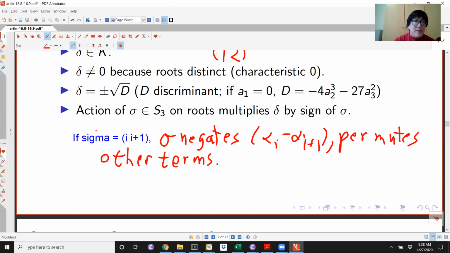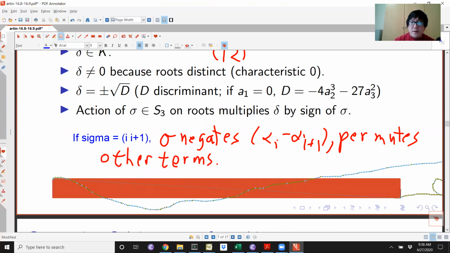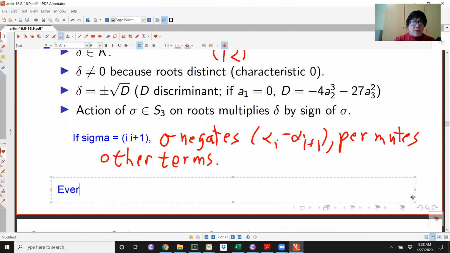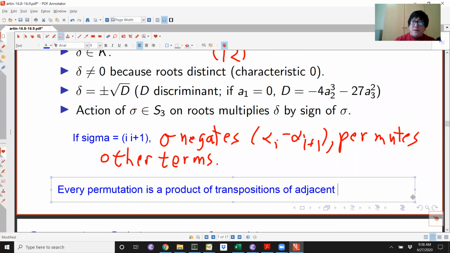And as a fact, every permutation is a product of transpositions of adjacent elements, of the form switching i and i plus 1.